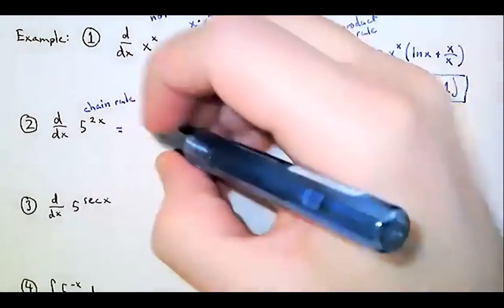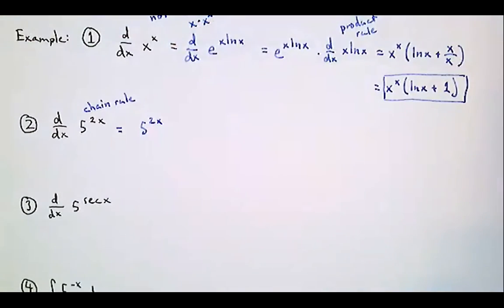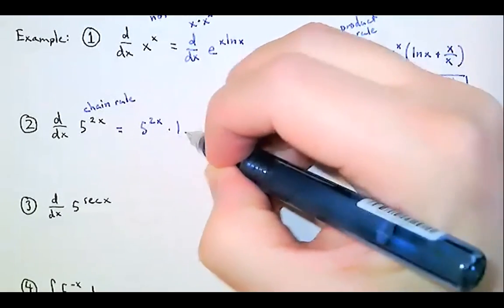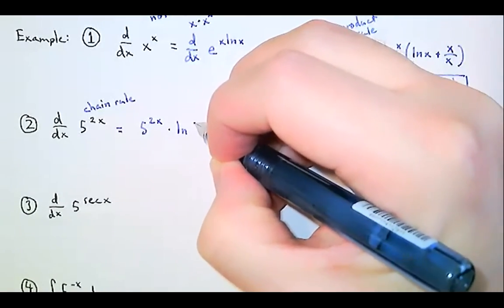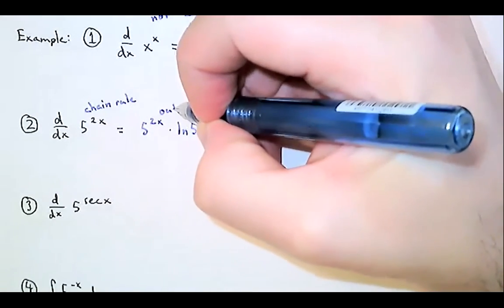So we have the outer derivative, that's the 5, leave the exponent alone, then you get the natural logarithm of the base. This is the outer derivative.